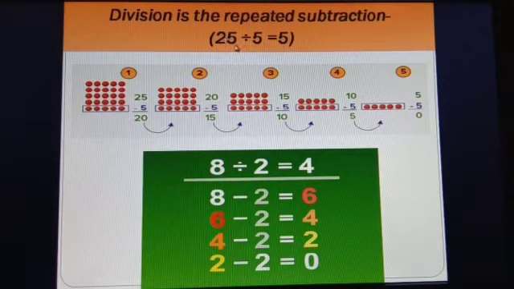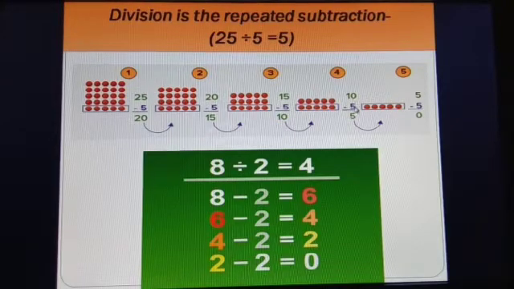There is the sum 25 divided by 5 is equal to 5. Just see how we can solve it in repeated subtraction form. There are 25 balls. From 25 we subtract 5, 20 will come. Again subtract 5 from 20, 15 will come. Again subtract 5 from 15, 10 will be the answer.